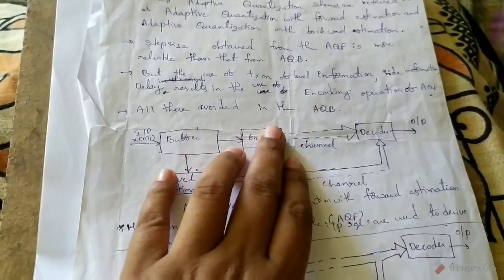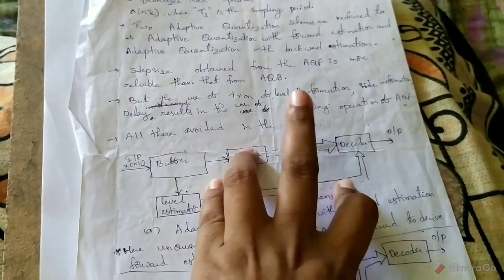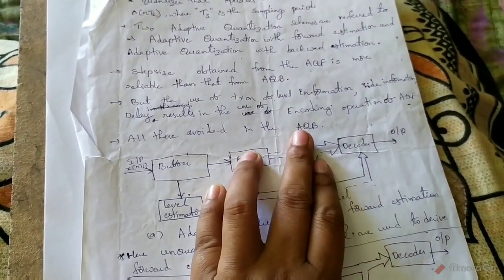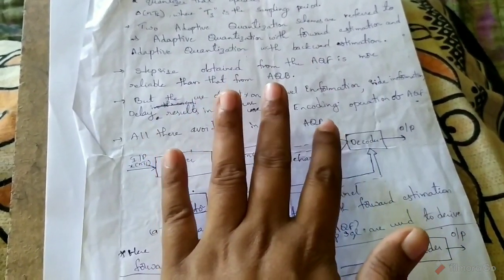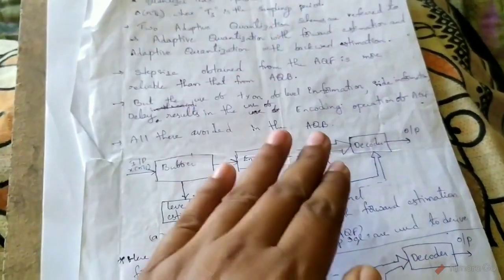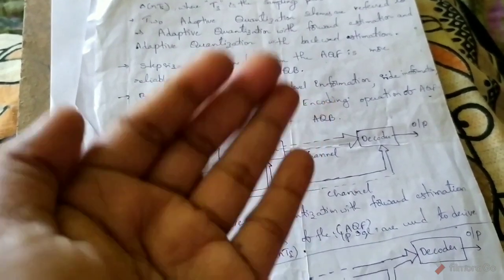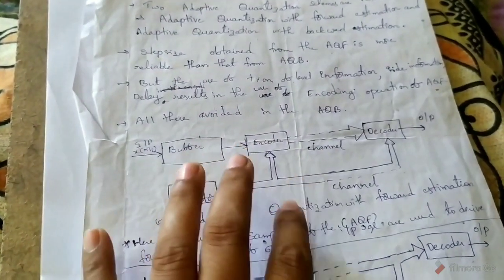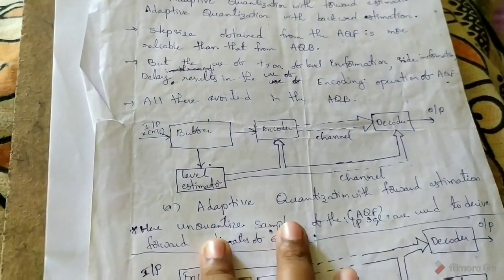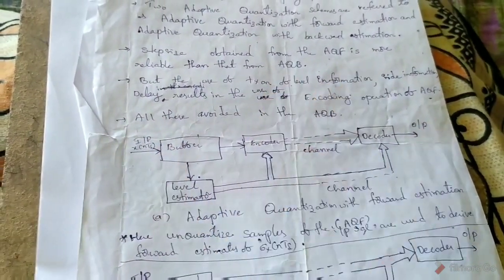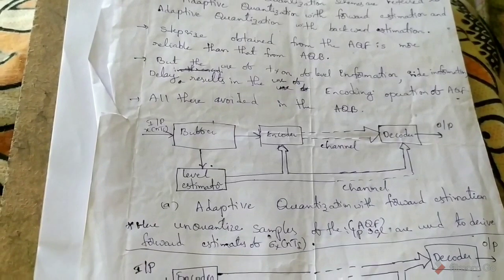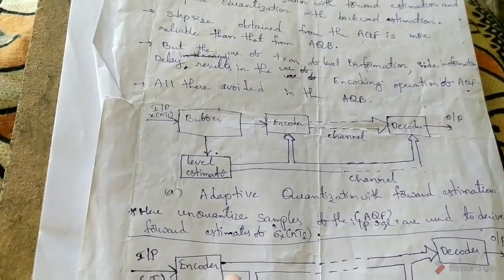All these are avoided in the adaptive quantization backward estimation. So the step size is reliable in adaptive forward quantization, but the level information and side information delay is more in forward estimation compared to the backward estimation. Those disadvantages can be avoided in the backward estimation. So what are the diagrams for forward and backward?